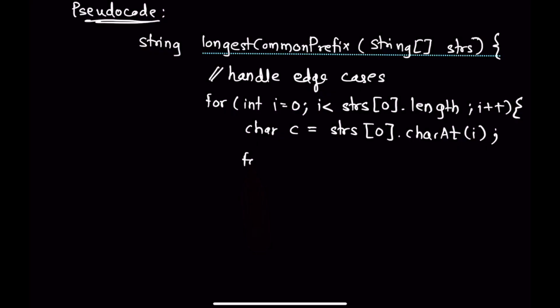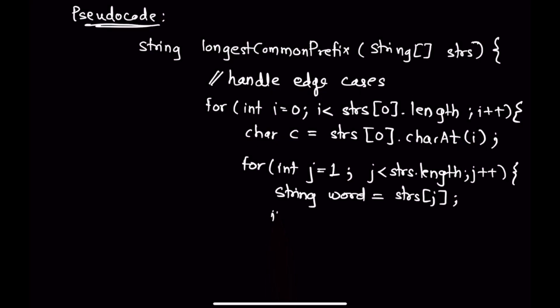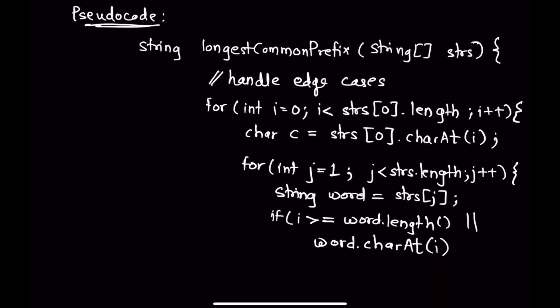And then we are going to make the checks for all the words at that particular position i. And this is going to be the main condition. If my i becomes greater than or equal to the word's length or the character does not match with the character that we are checking against right now, then only I'm going to return my prefix from here itself.